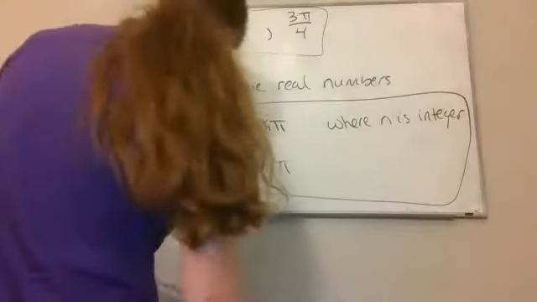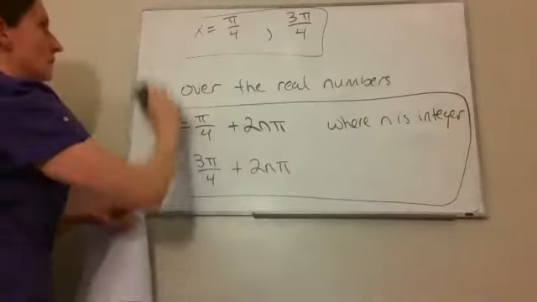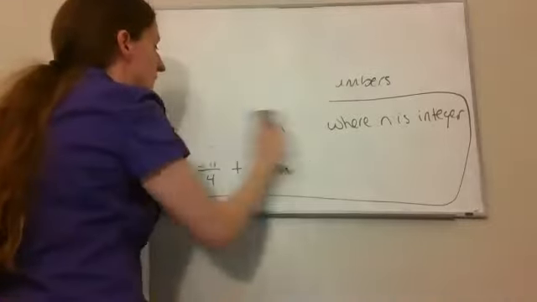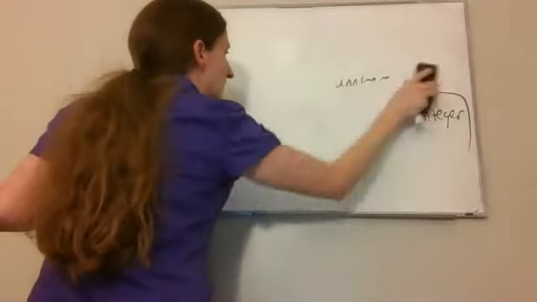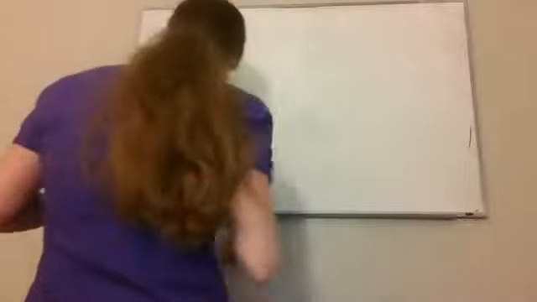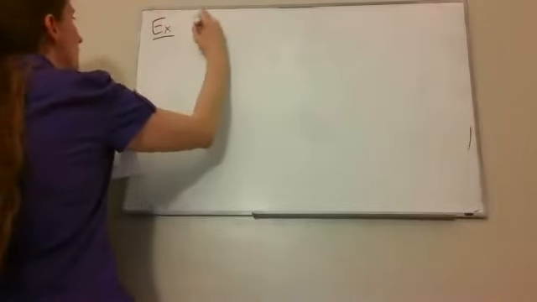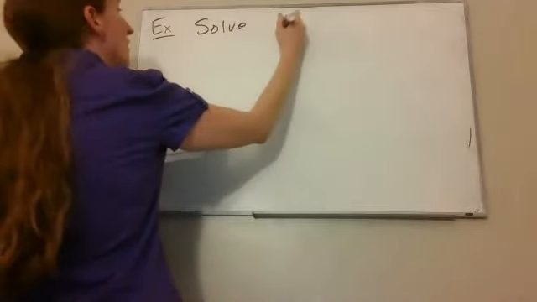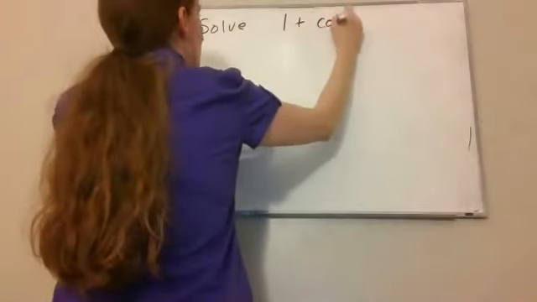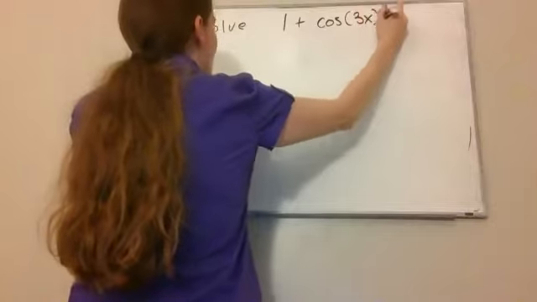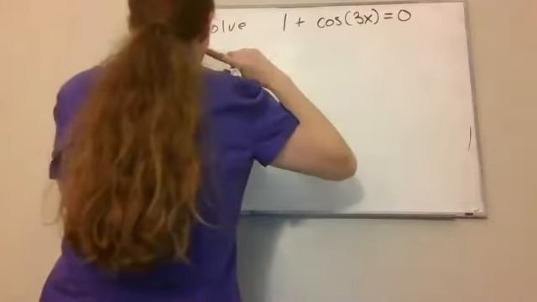Let's do another example. So let's solve 1 plus cosine of 3x equals 0.